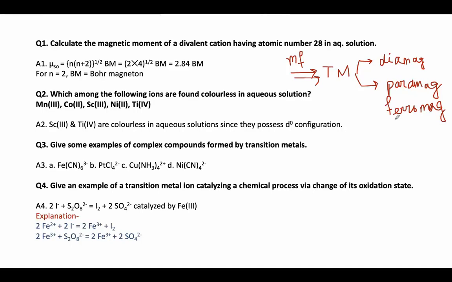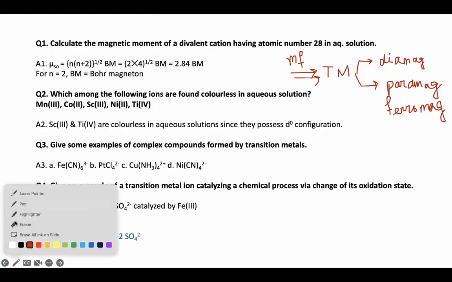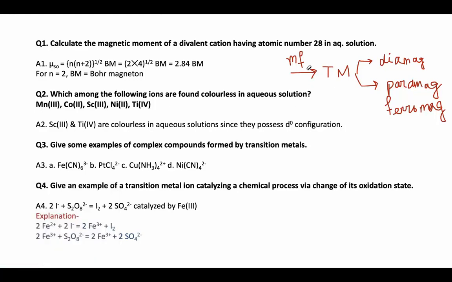Now, how will we calculate the magnetic moment of a transition metal cation? You know that transition metals, or most of them, possess some unpaired electrons. These unpaired electrons are responsible for the magnetic moment of the substance. Let me show you with the help of an example.